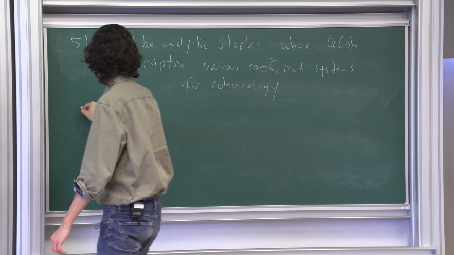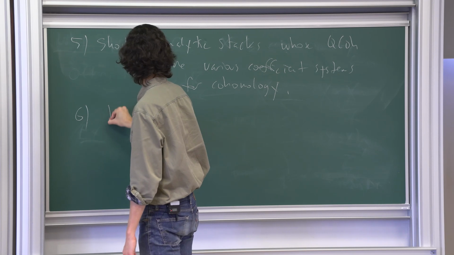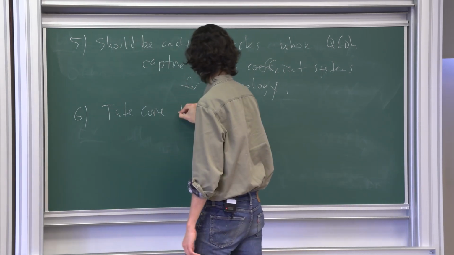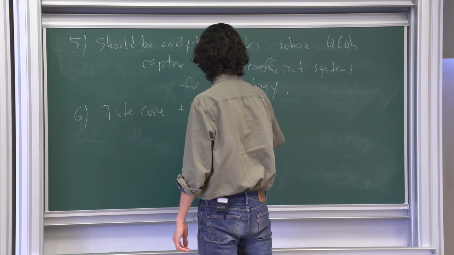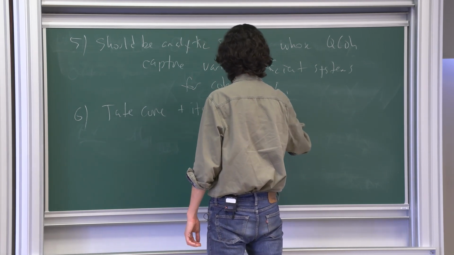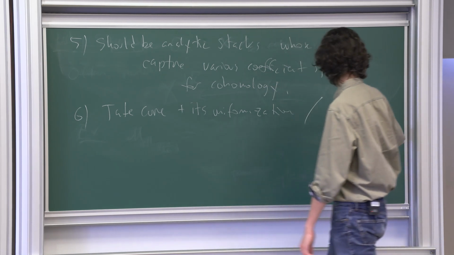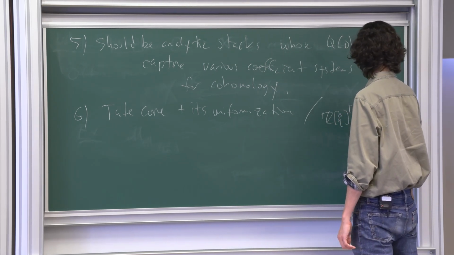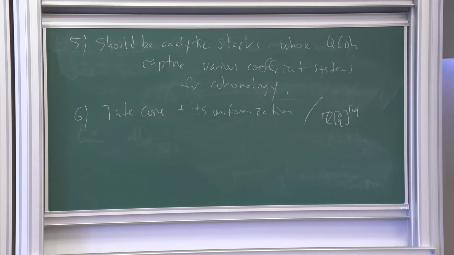Maybe I should also mention we want to have the Tate curve. We want to be able to define the Tate curve plus its uniformization over this gaseous base ring.